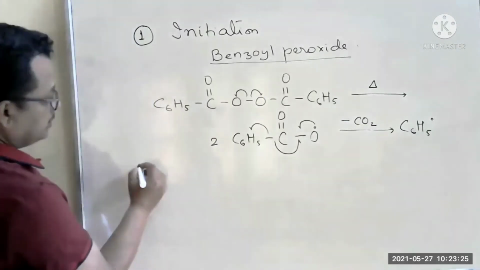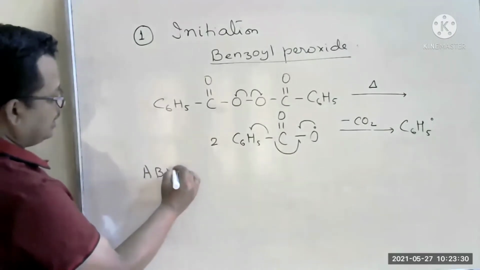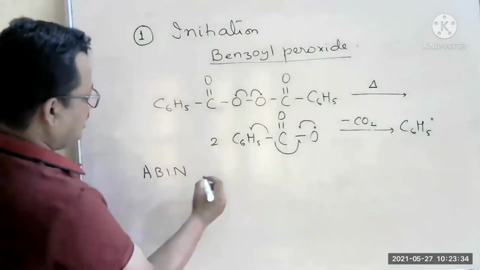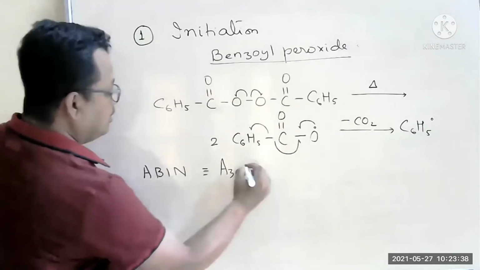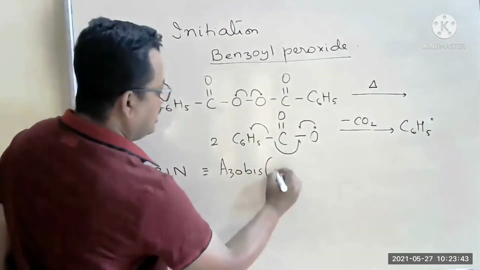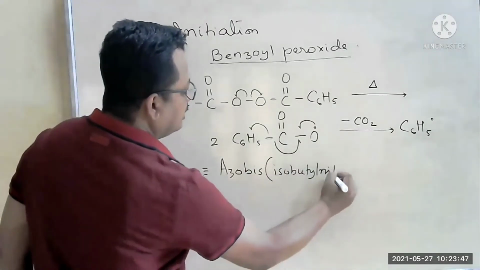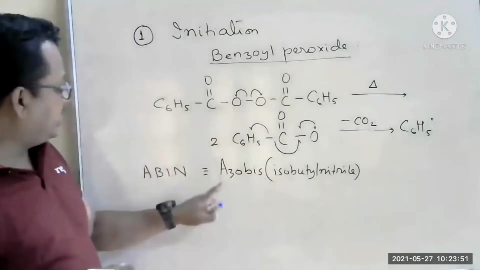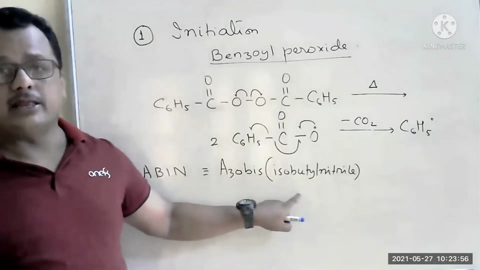Then we can use another free radical generator which is called AIBN. AIBN stands for azobisisobutyronitrile.